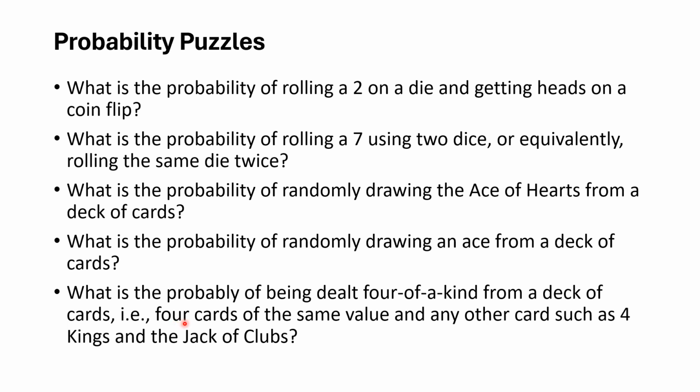And of course, there's only 4 of each kind in a deck, so the 5th card would have to be something different. And I just give an example here. 4 cards of the same value and any other card, such as 4 kings, and then say the jack of clubs. That would be one possible way of getting 4 of a kind.